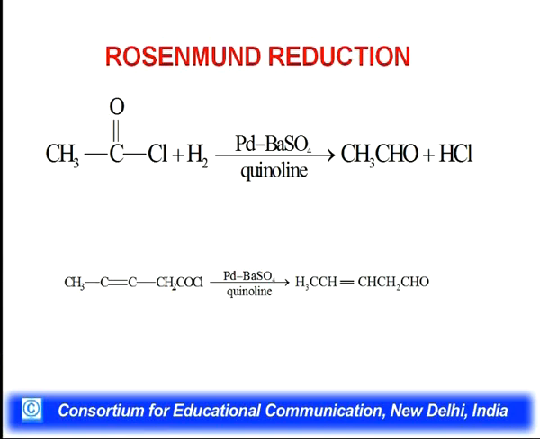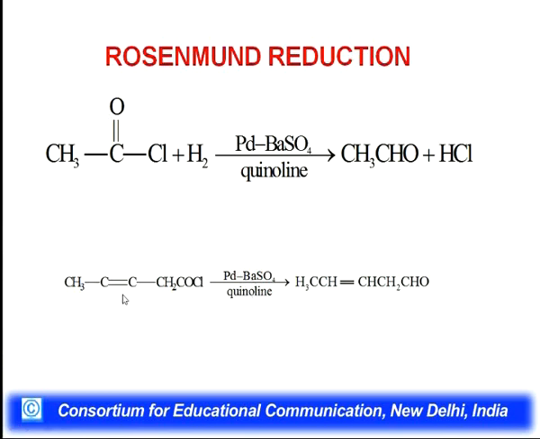What is happening is that one atom of hydrogen is removing Cl to form hydrochloric acid and the other hydrogen is replacing this Cl. So this reduction reaction replaces the Cl with a hydrogen, giving an aldehyde. Now we know that Pd-BaSO4 is also known as Lindlar's catalyst.